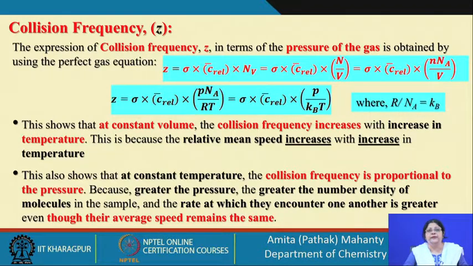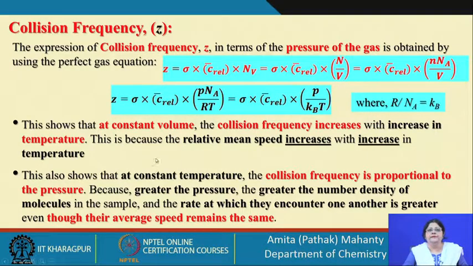Because if you are increasing the temperature, the relative mean speed of approach increases, since the relative mean speed has a term related to the speed. So, what we should remember is this expression of the frequency. In this expression we do not really have the temperature, but when you have constant volume, an increase in temperature will increase the relative speed, and hence the total collision frequency is supposed to increase.